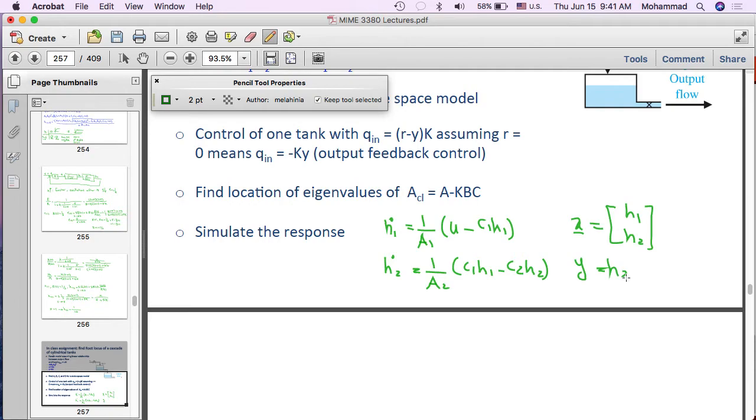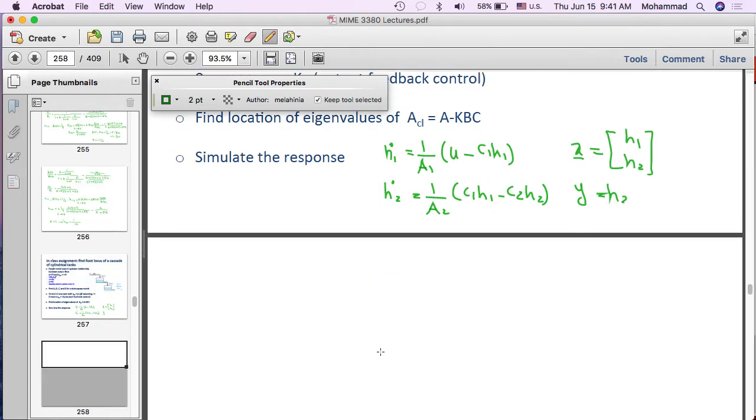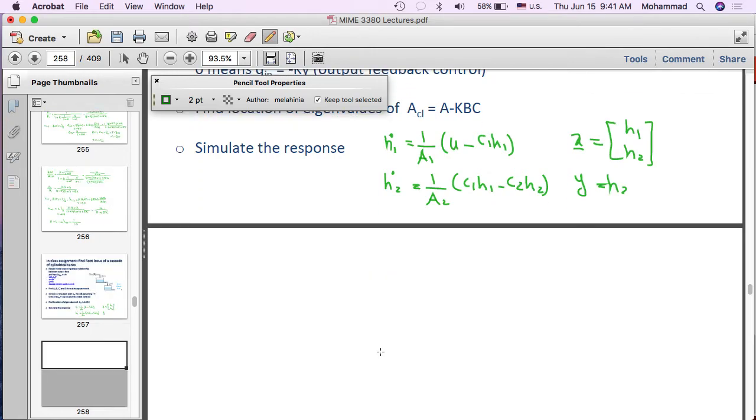And our input is the flow coming into the first tank, U. So I'll give you a minute to calculate the A, B, C matrices. I'll wait until you tell me you have the answer, and then we'll work it out on the board. So find the four matrices A, B, C, and D, which are essential as the model of the open loop system.